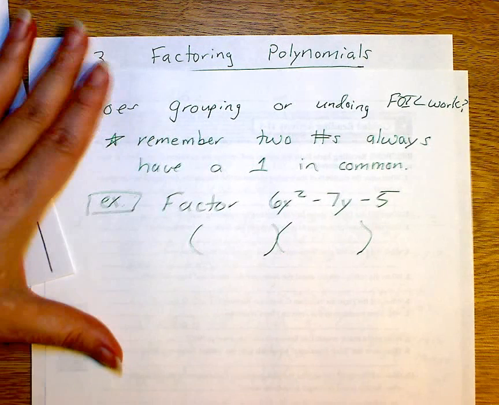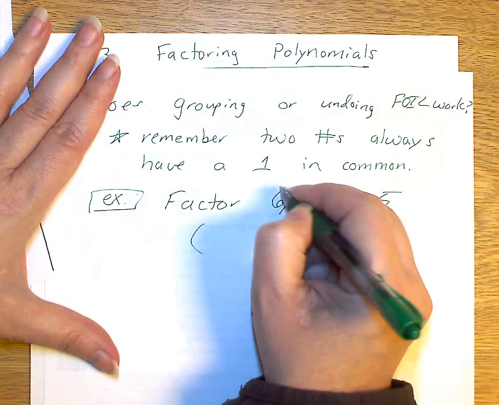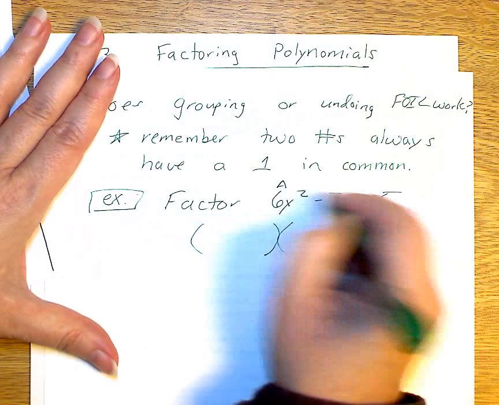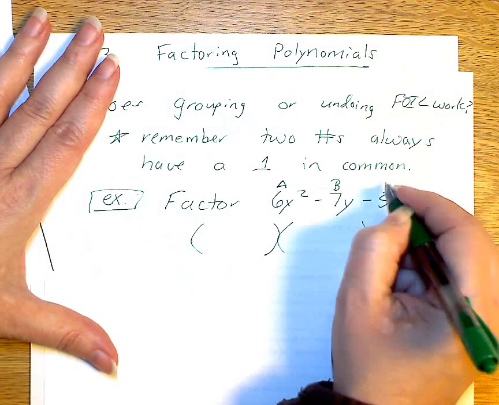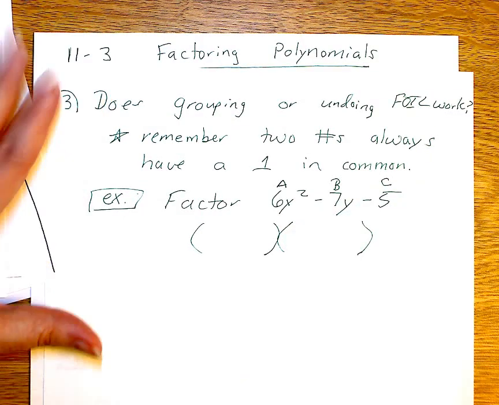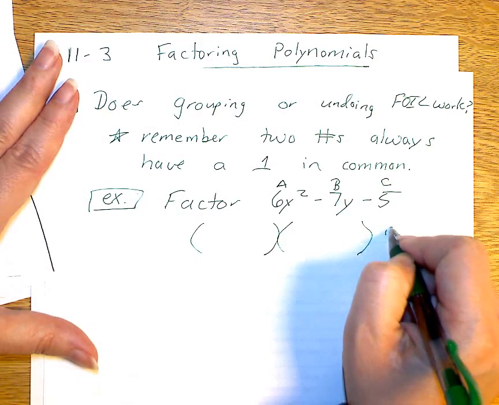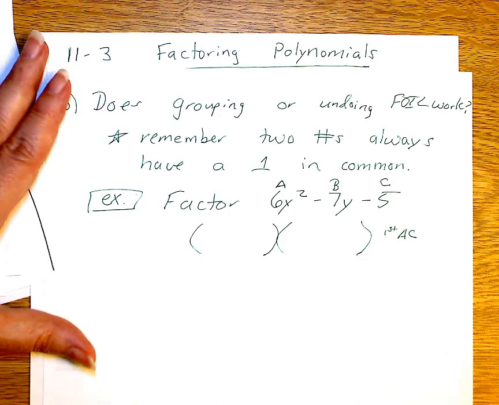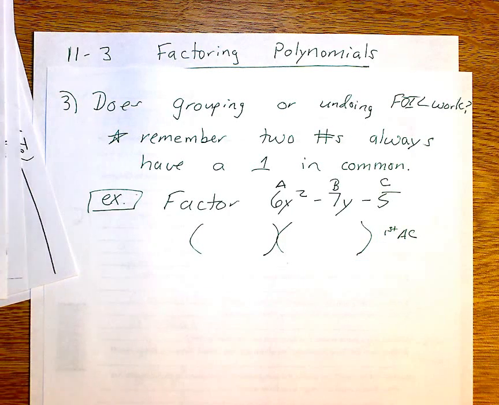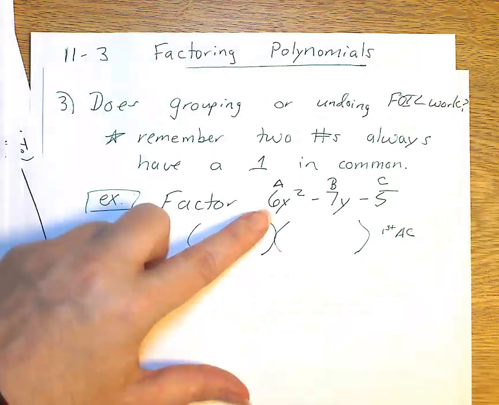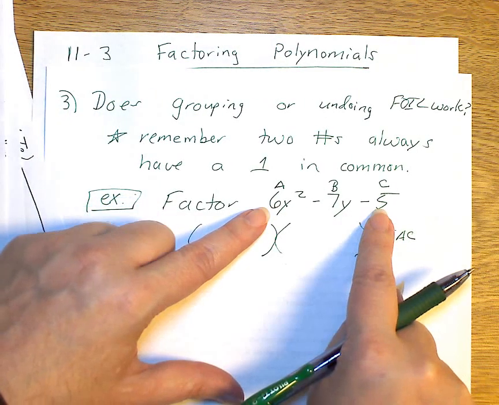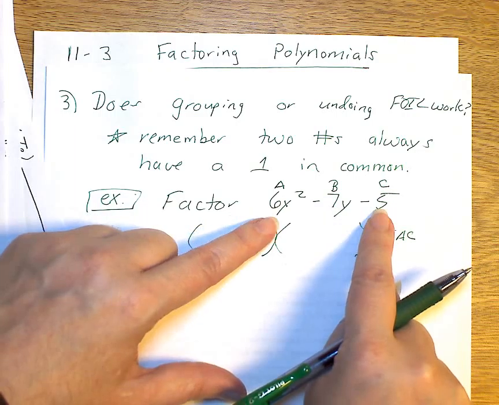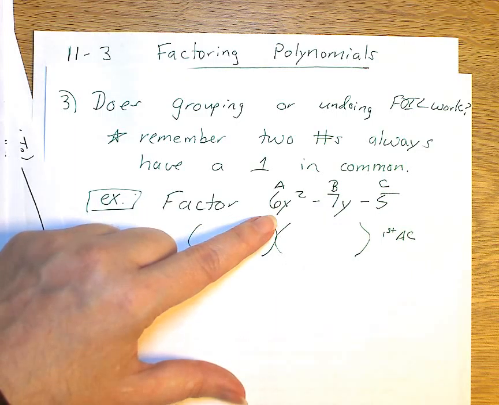What you do is, the first thing is you label these A, B, and C. First step is to do AC so that you can get a number. So A and C multiplying together, 6 and 5, is 30.